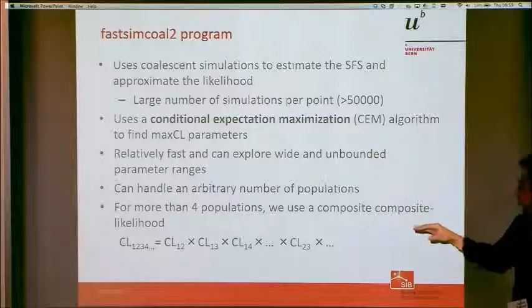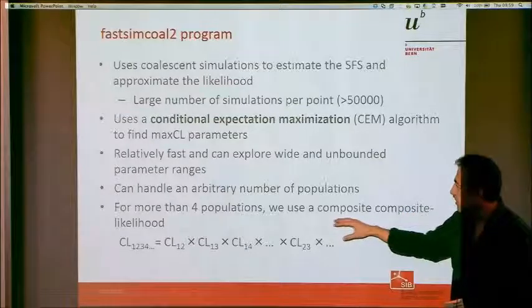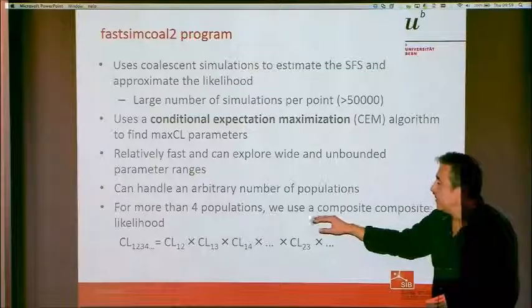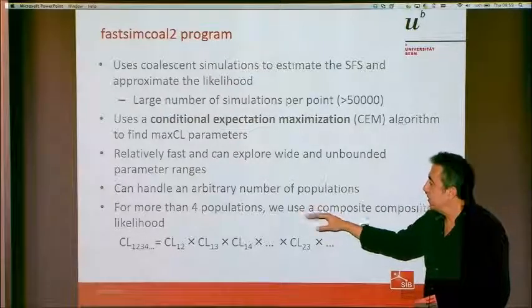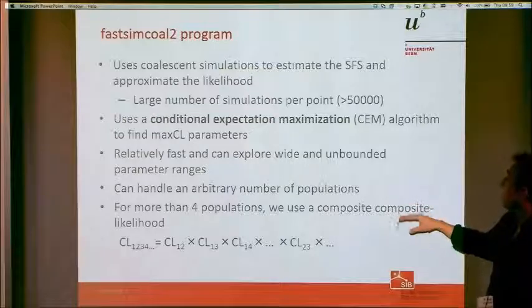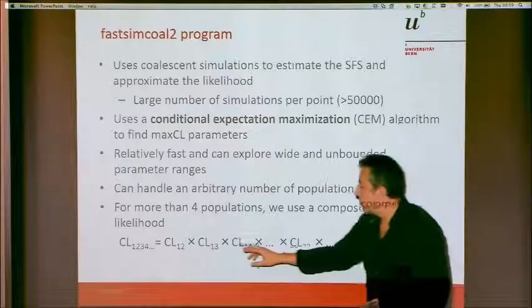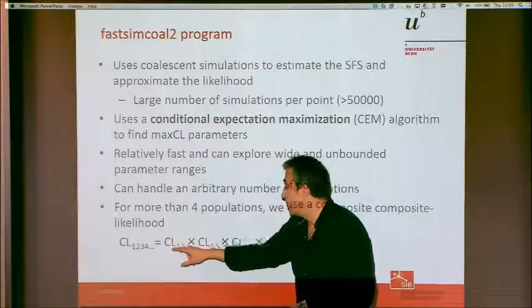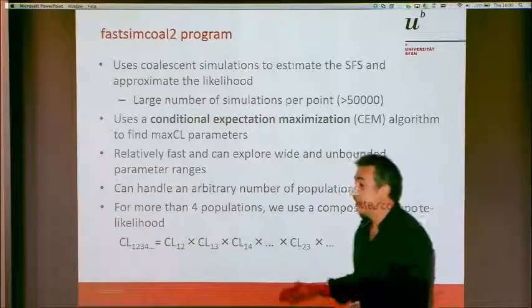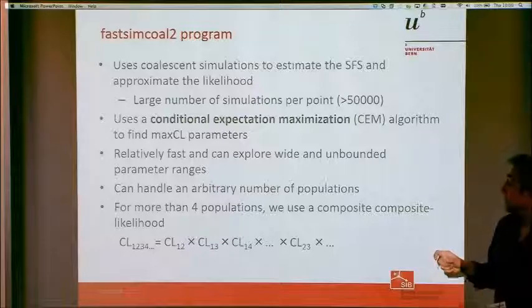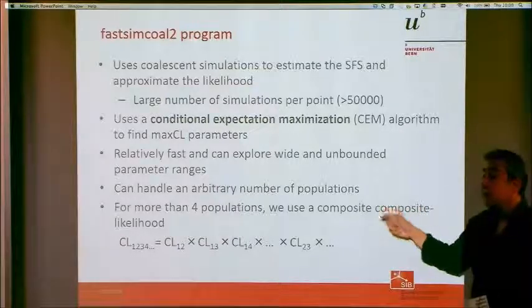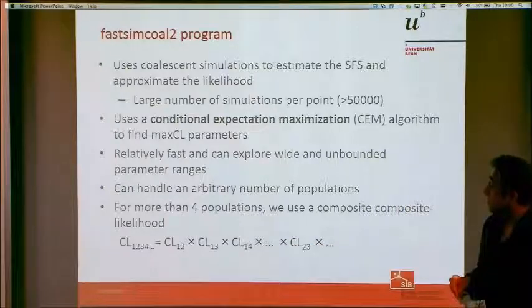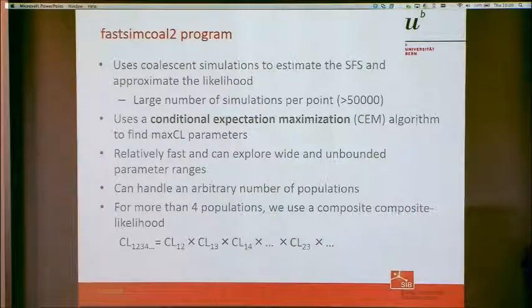Also, something I need to mention is that it can handle this because when we have a large number of populations, we are using a composite likelihood, the product of composite likelihoods computed between pairs of populations. So we are using joint site frequency spectra between pairs of populations, and we multiply all these likelihoods to get a global composite likelihood.